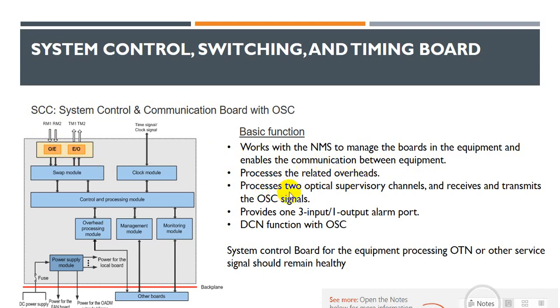It has two supervisory boards, so it can talk in two directions to any neighbor devices of Huawei. So DCN function, because it has OSC board functionality, it supports the data communication network.